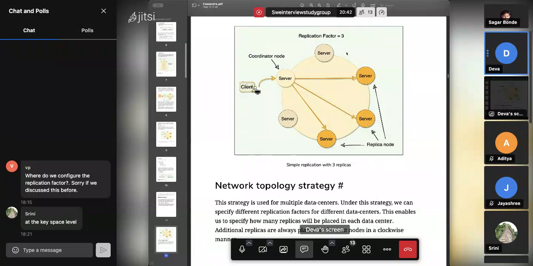If so, minimalistically, we need at least three nodes to start with, right? So let's say we are doing a basic implementation, at least we need to have three nodes to start with. So all three nodes should have the seeds, right? There is one configuration called seed provider. That's where we define the seed nodes, and from there it can pick it up, and then we can dynamically add more.